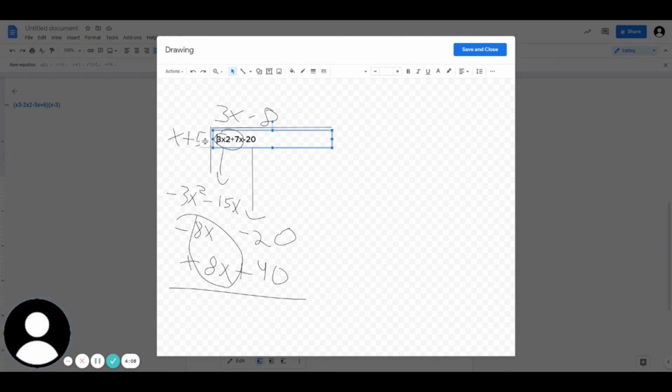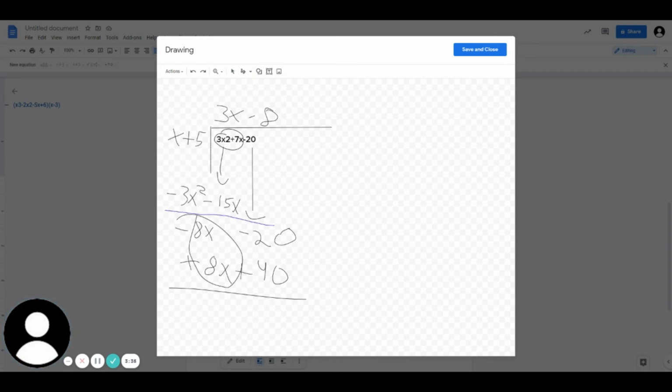So we are working mainly with the 3x squared here and 7x, in which we will use this to go through here. So the 7 will become a negative 15x because of the 3x minus 8 that we have here, and the positive 3x squared will become a negative 3x squared. And here it will lead us to this right here.